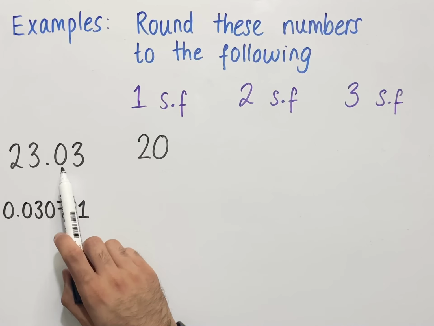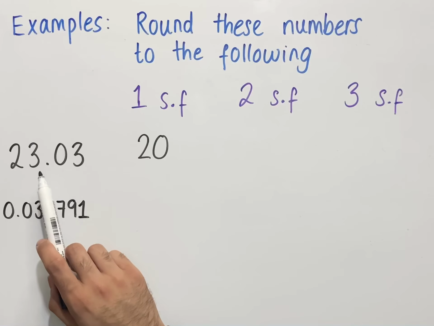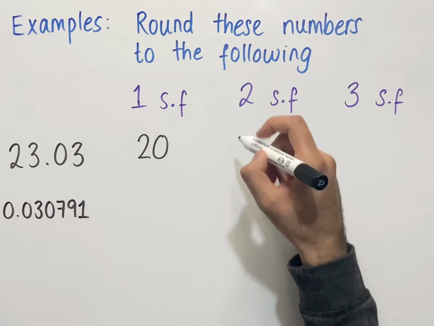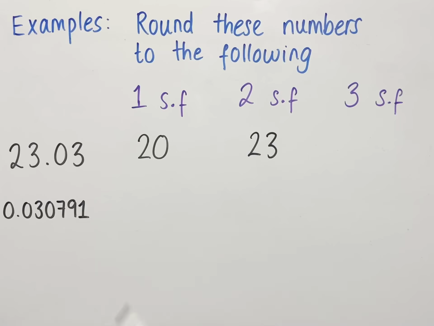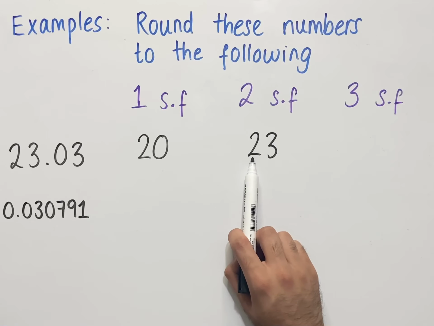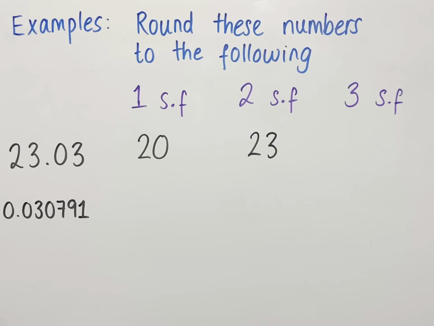So that means that the previous significant figure, the 3 here, stays the same, and so this number rounds down to 23. And again, we can check this. The 2 is the first significant figure, the 3 is the second significant figure. There are no other significant figures after this.